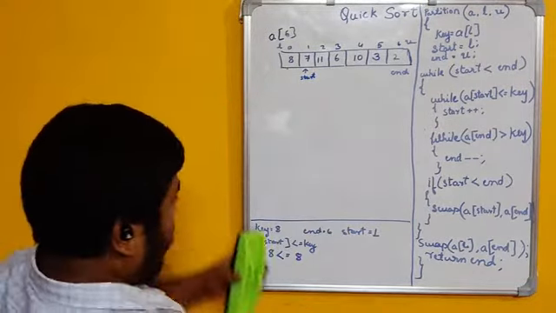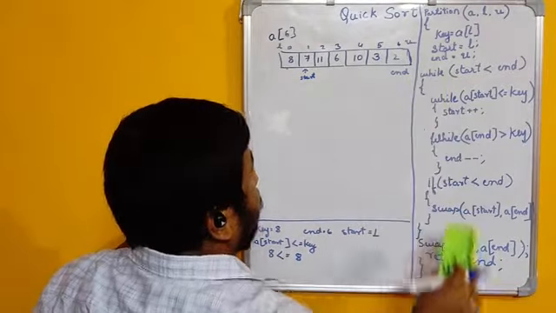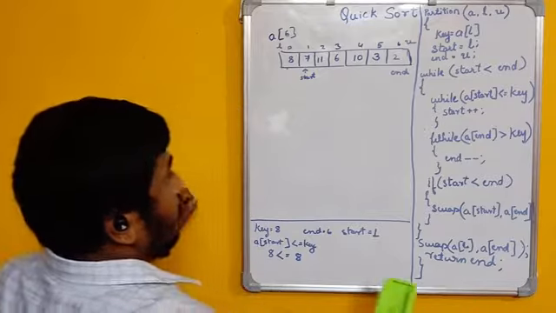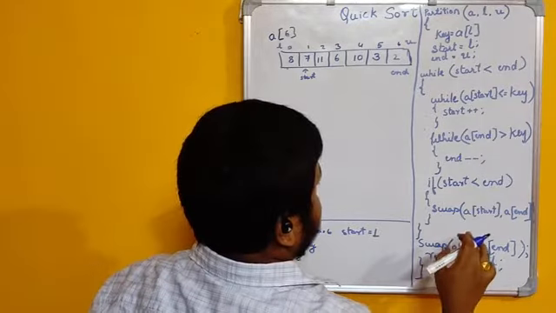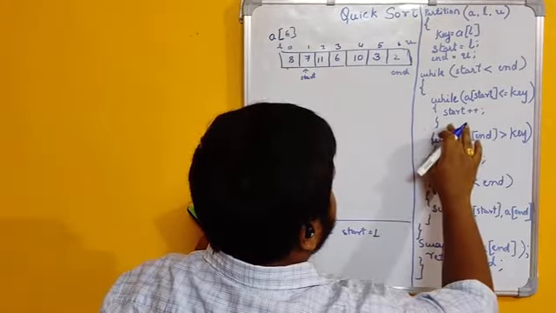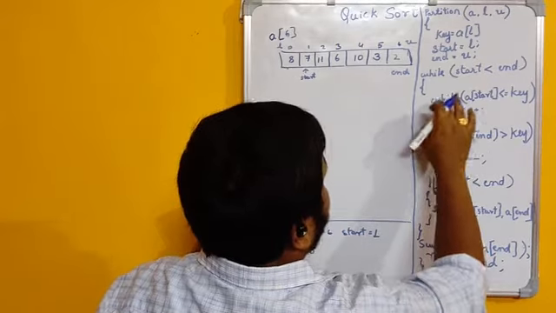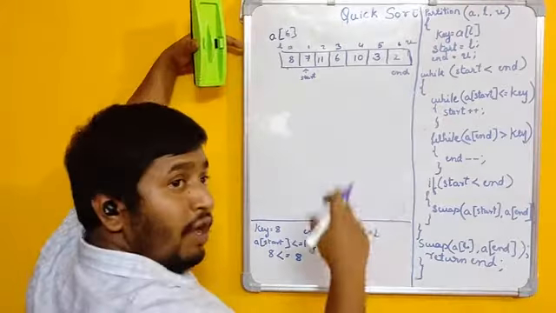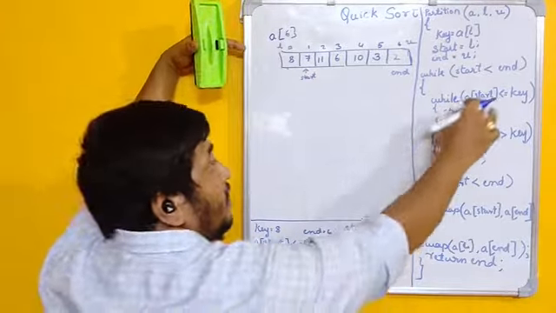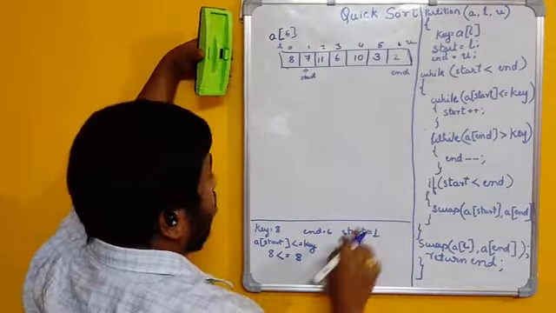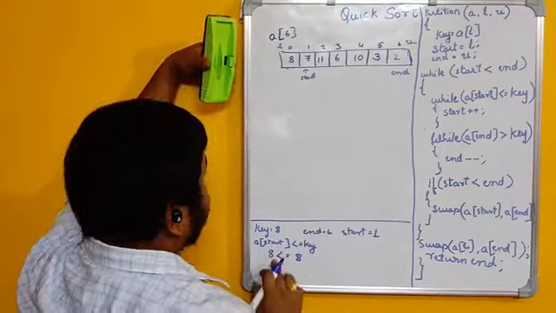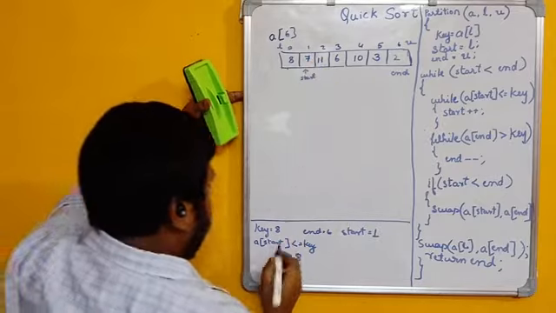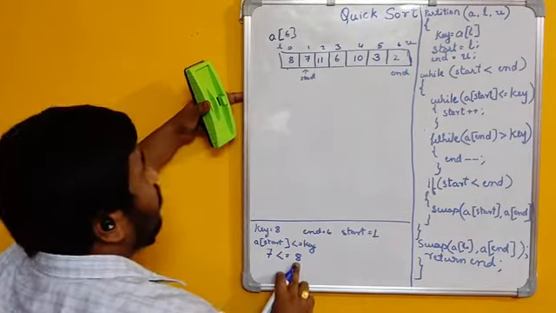Again, we have to go back because the while condition is still true, we have to reiterate the while loop until the condition is false. So again, A of start, start is pointing here now, so A of start is 7. Key is 8 only.